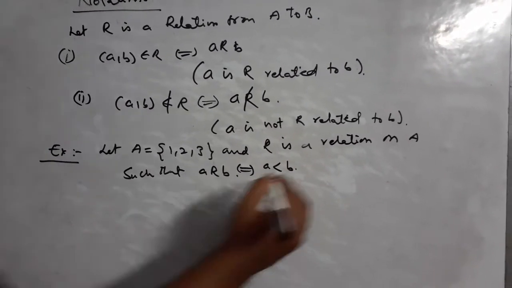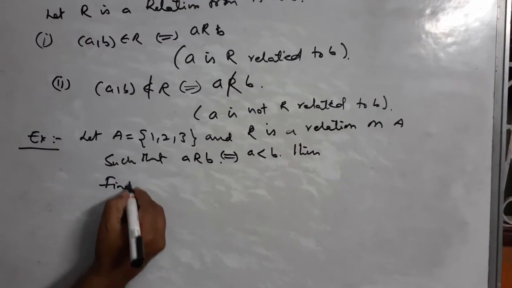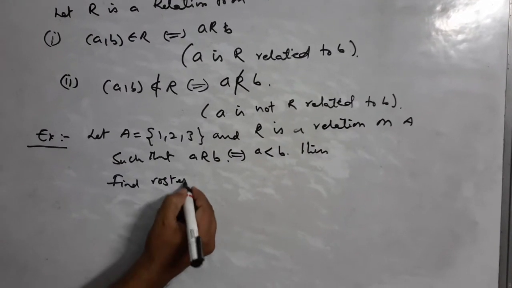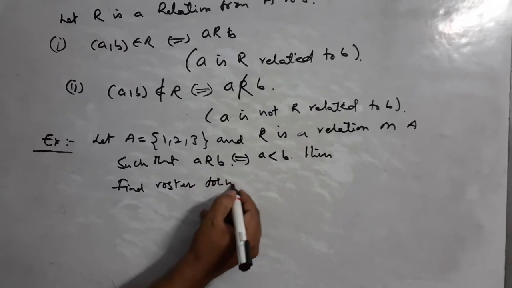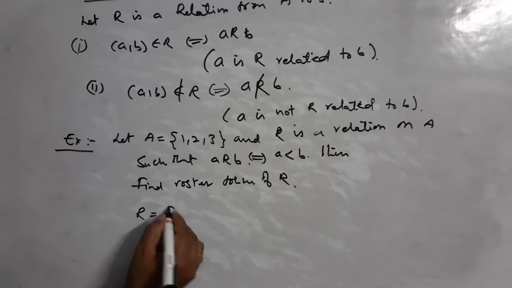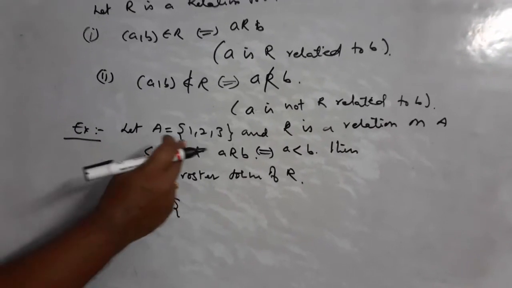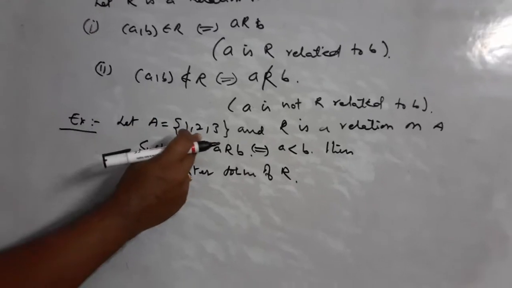Then find the roster form of R. So here R is a relation from A to A, and A is {1, 2, 3}.